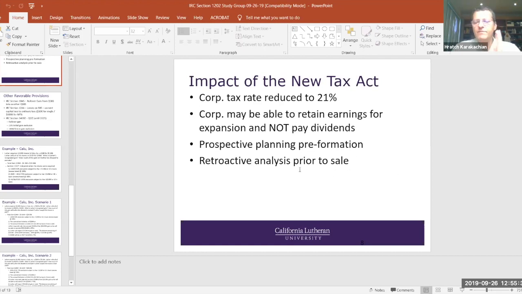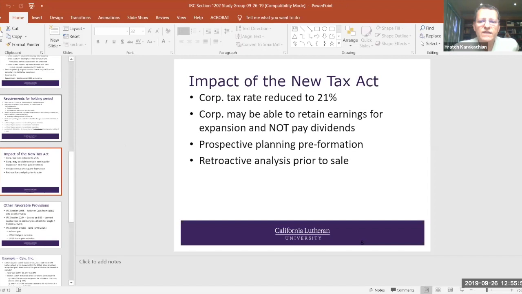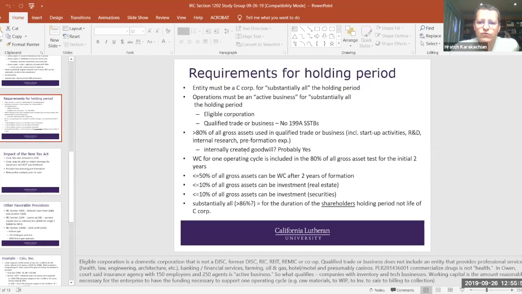For example, if the company has been around for a few years, so long as it's a domestic C corporation, an analysis can be done if the company is less than 50 million, retroactively, to see if they fall within the 80% and the gross asset test rules. Okay.